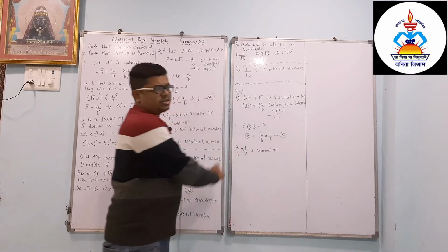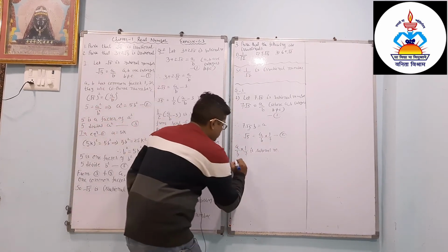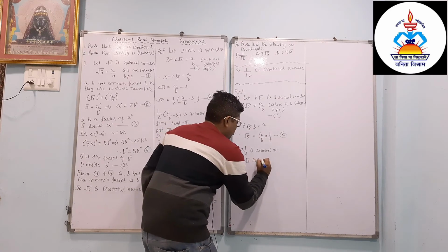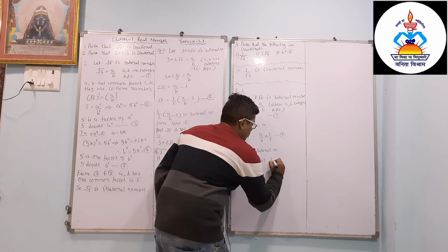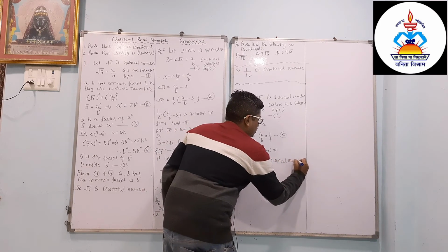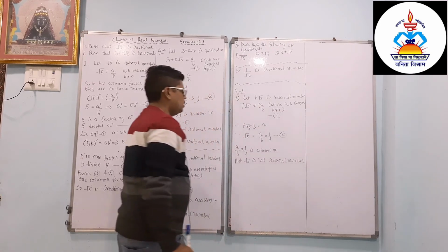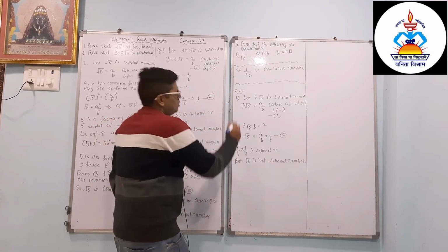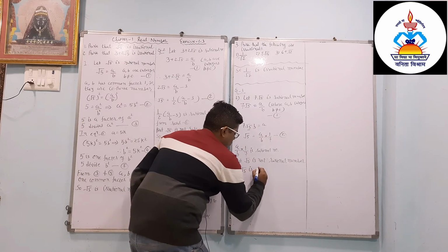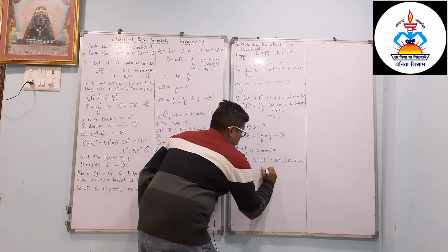So root 5 is also a rational number, but root 5 is not a rational number. So we can say that 7 root 5 is an irrational number.